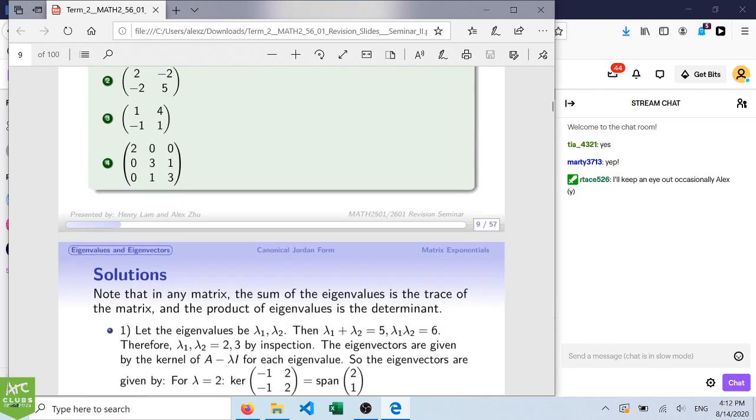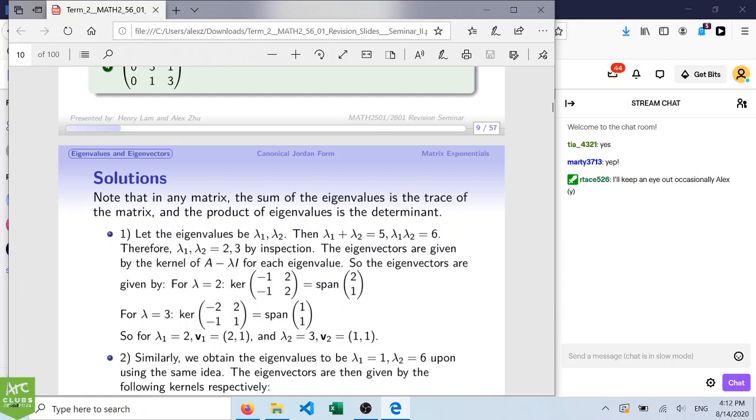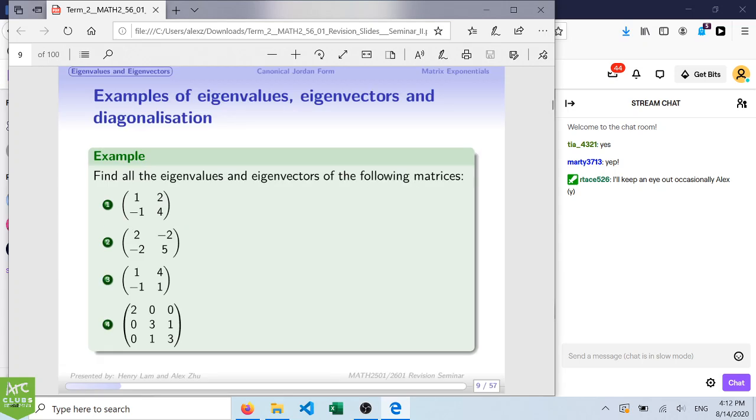First part: we have this matrix 1, 2, minus 1, 4, and we're going to have 2 eigenvalues.